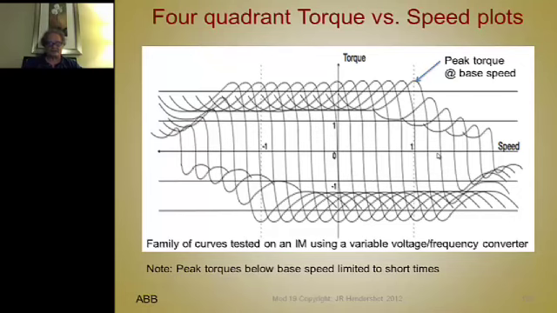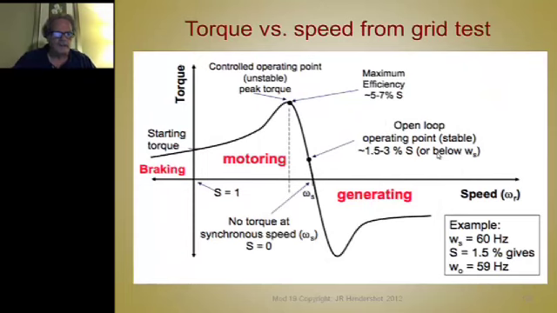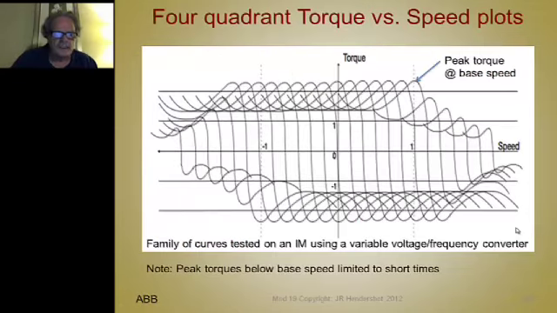So that shows you what the capability of a motor is with an inverter driving, compared to what its capability is from a curve like this, operating off the grid at fixed voltage and frequency. But by putting an inverter on it, you can operate over this huge speed range and have very high starting torques just by controlling the magnetizing flux as a function of frequency, and that's done by controlling voltage.